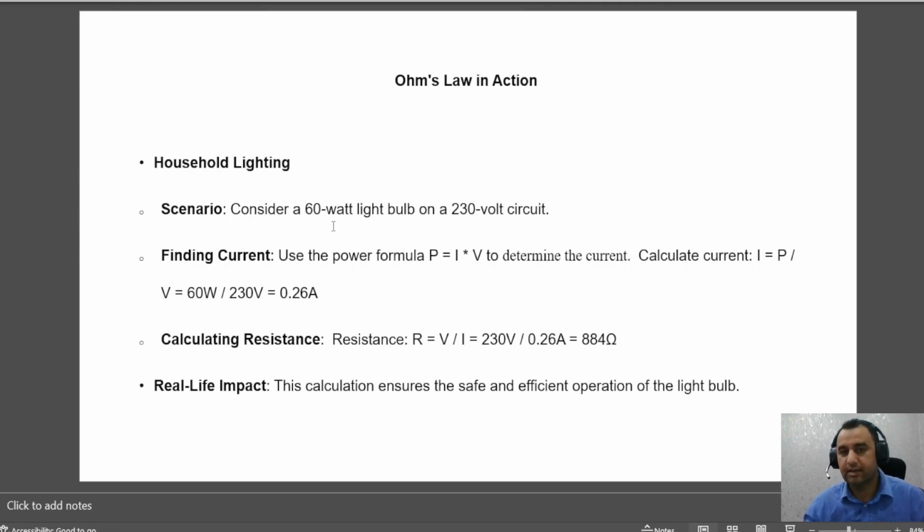To get the current, we need to understand the power, which we know is 60 watts here. So the power is equal to current times voltage. Voltage is equal to current times resistance, and power is equal to current times voltage.